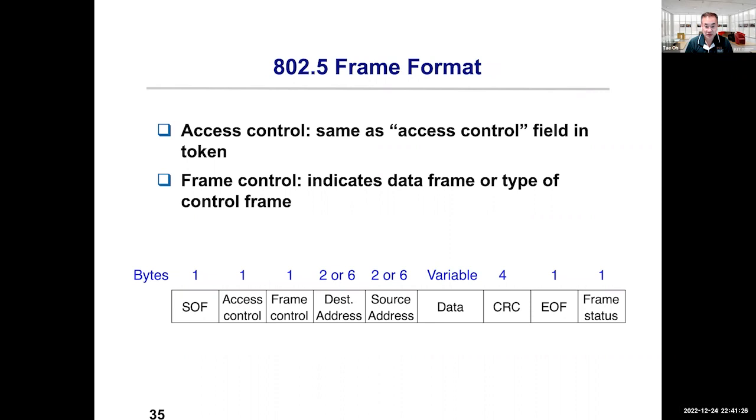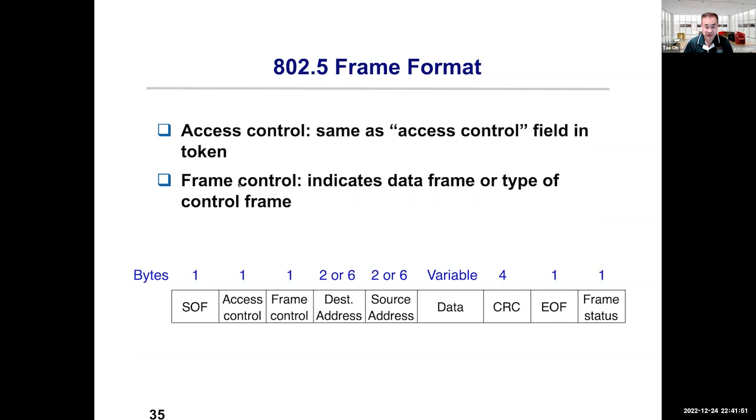This is 802.5, the frame used for the token ring. Access control is the same as the access control in the token. Frame control indicates what type of frame it is, whether a control frame or a data frame.